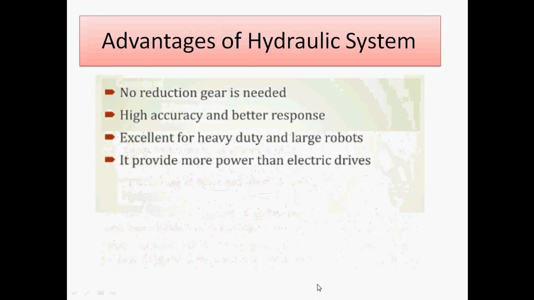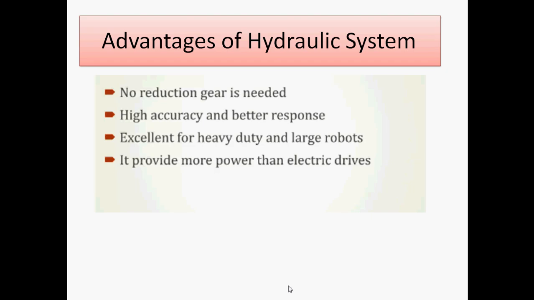What are the advantages here? No reduction gear is needed, there is high accuracy and better response, and it is excellent for heavy duty and large robots. It provides more power than electric drives. That is why we use the hydraulic system.